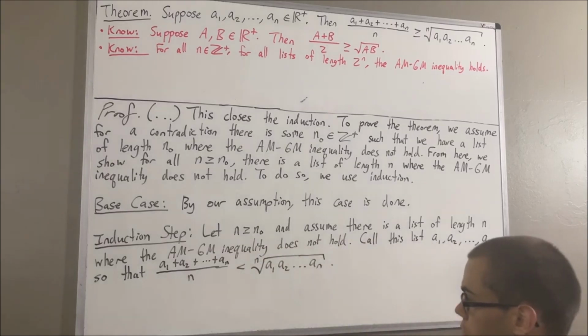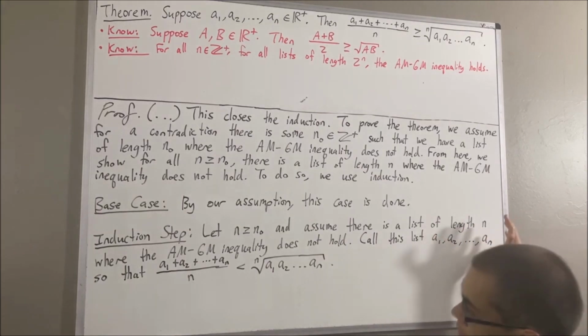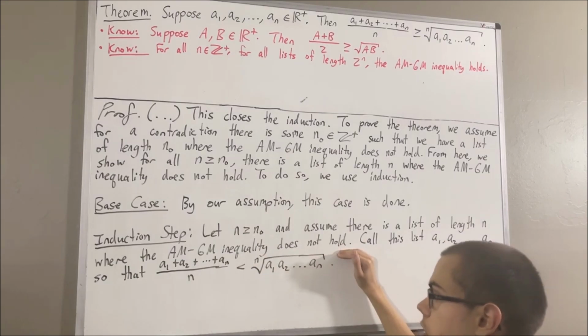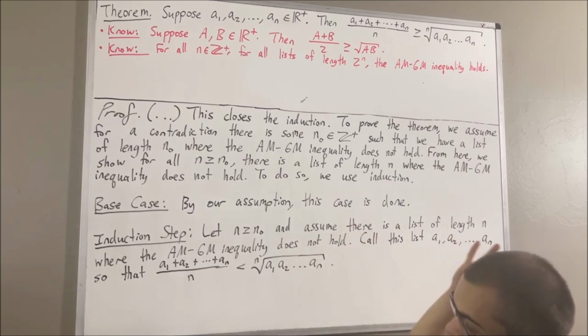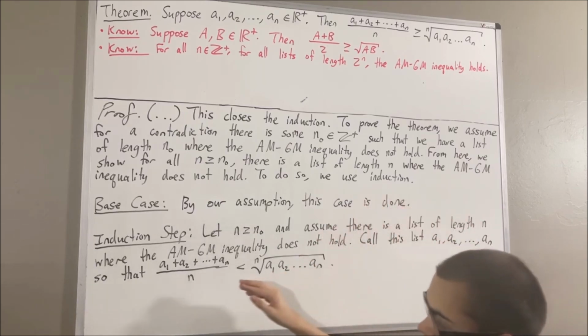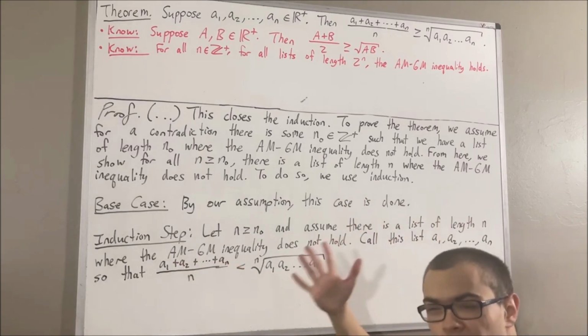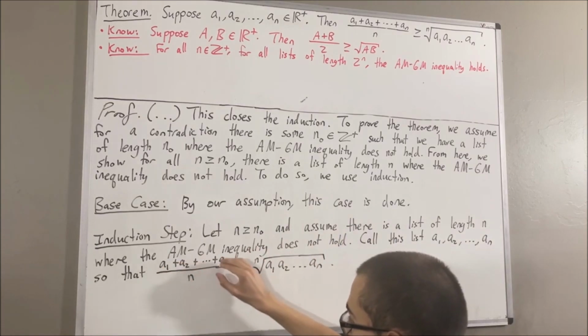Now remember, the whole goal is to find a list of length n plus 1 where the AMGM inequality does not hold. Well, we're going to construct that list right now. The first n terms in that list are going to be a1, a2, ..., an. The n plus 1th term of the list we're going to define to be this value.